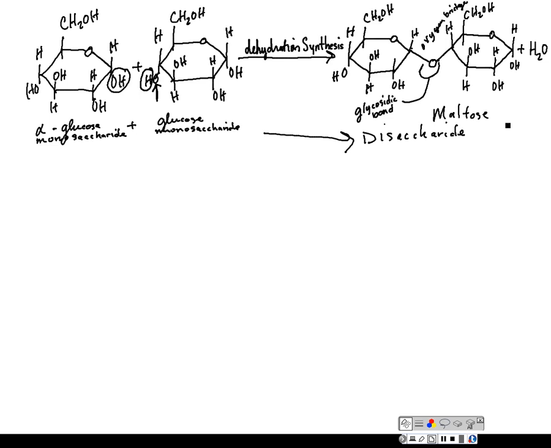Oh, oxygen bridge. Is that the word you were looking for? Okay. It's the name of the bond. So now look, every single carbohydrate molecule will have a glycosidic bond or an oxygen bridge. Every last one of them.